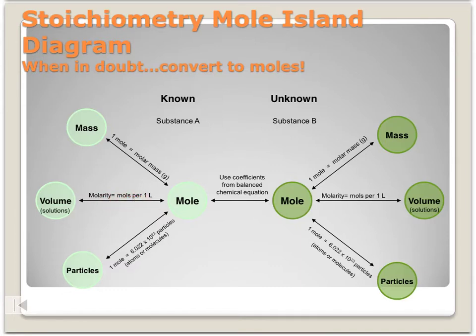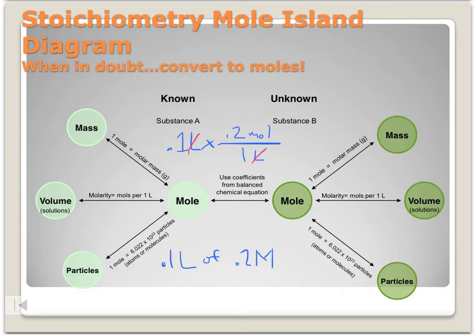So for example, let's say we have 0.1 liters of a 0.2 molar solution. How many moles is that? Well, we have 0.1 liter, that is our given, and we know that there is 0.2 moles for every 1 liter.